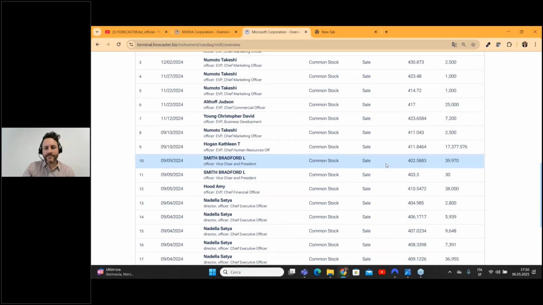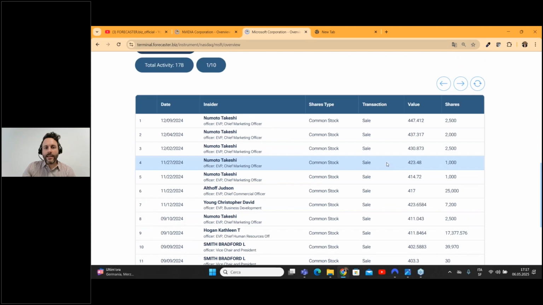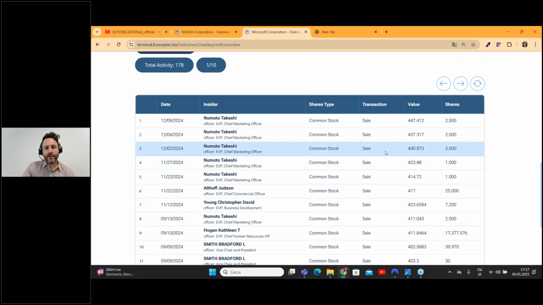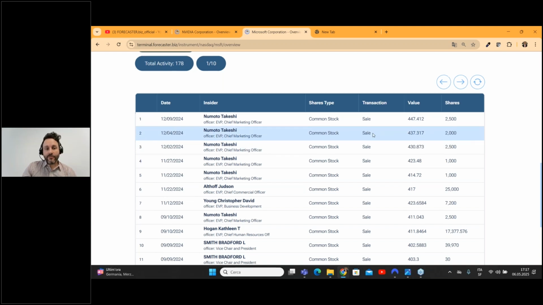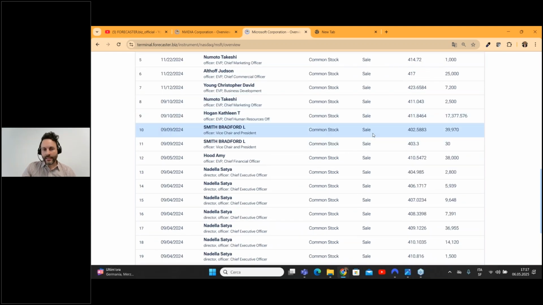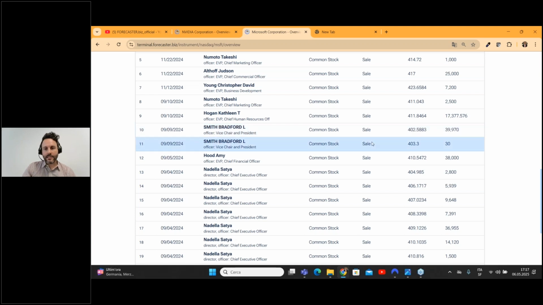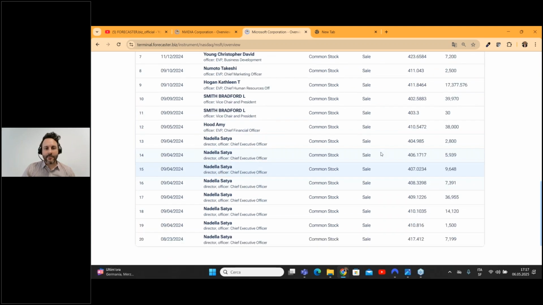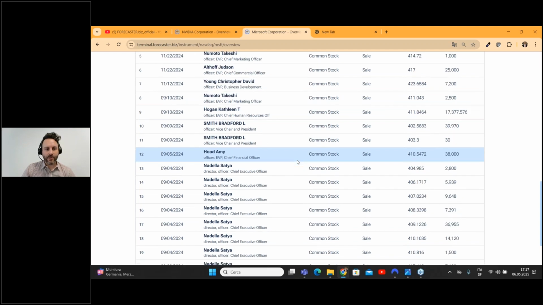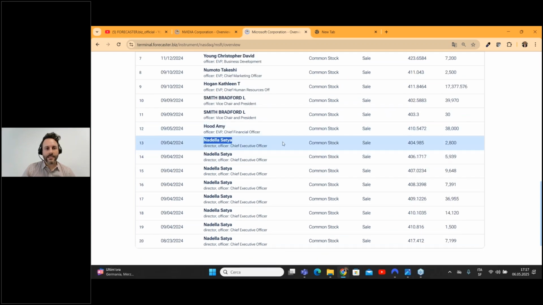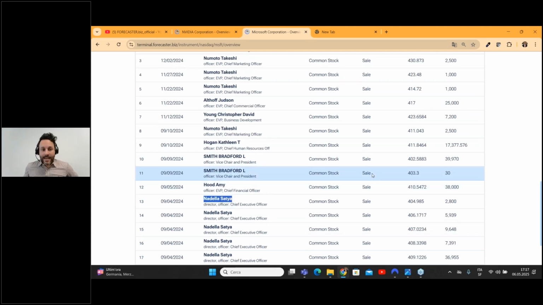This data is very interesting only when a member of the board buys stocks, okay? Because if you have a look at all the companies listed in the United States, many times a lot of members of the board, also in this case the CEO, are selling shares. We don't know why they are selling.